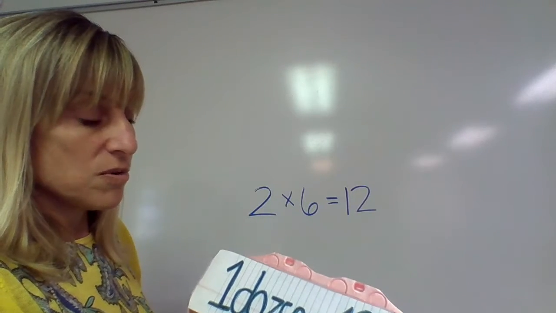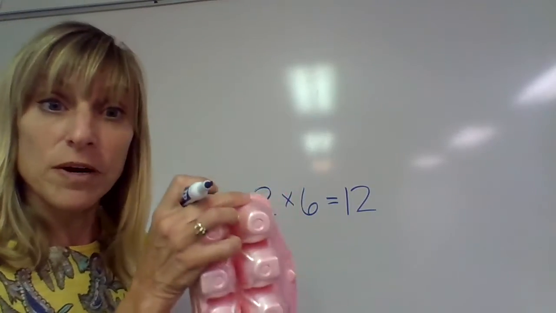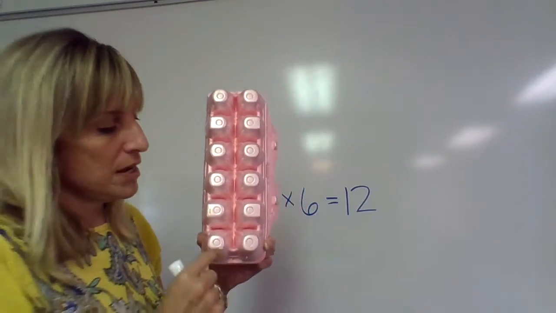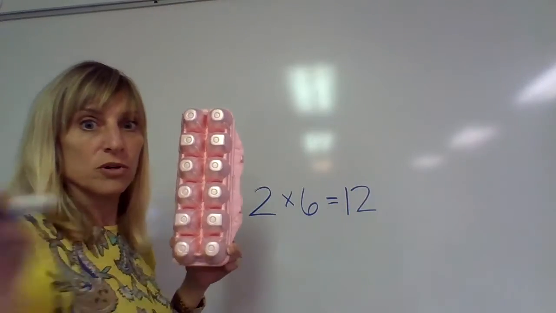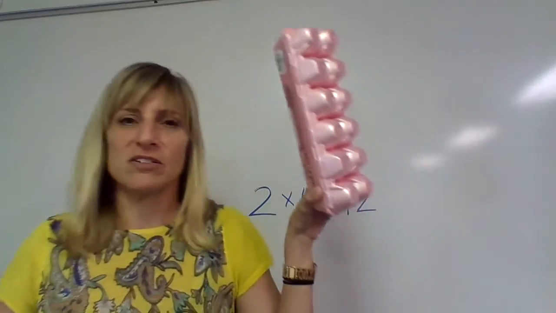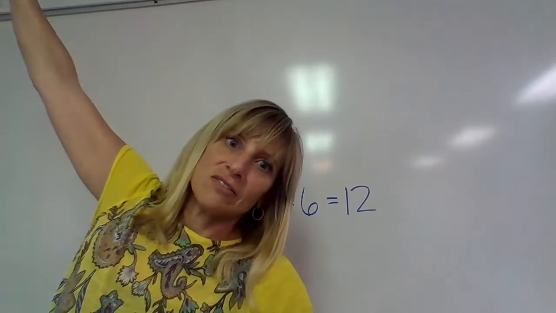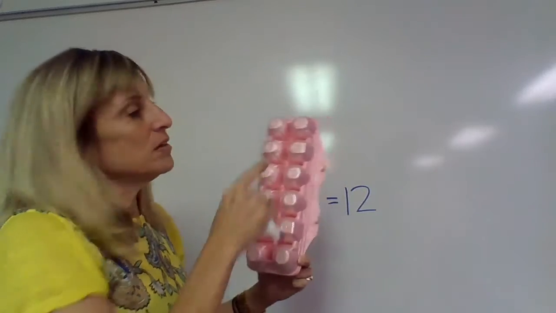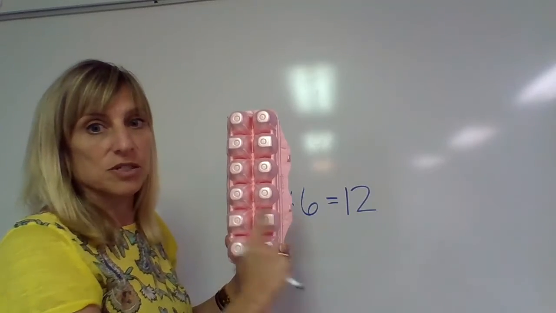And we can also do it a different way. Okay, we're going to turn my egg carton this way now. And now we have more rows, because rows go across, or horizontal. It's hard to do it on the camera. Parents probably think I'm crazy, but you kids know what I'm doing. Anyway, so rows are going horizontally across.